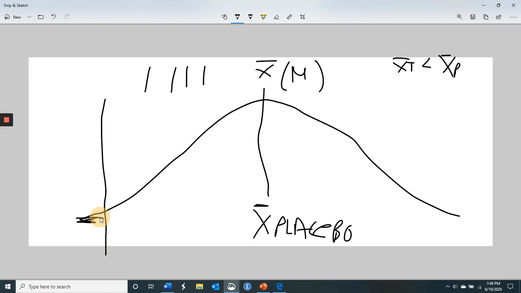So if we drew the little area here, there's only a 5% chance that depression for our treatment group, our medication group, would be so much lower than the placebo group just due to chance.